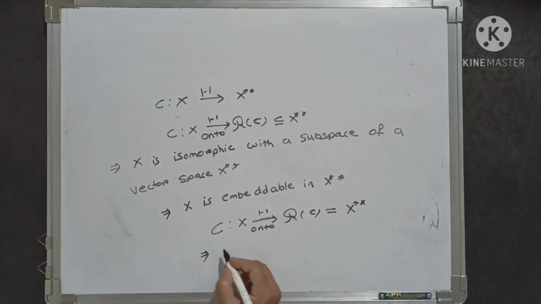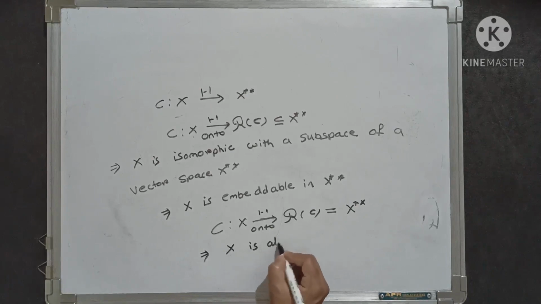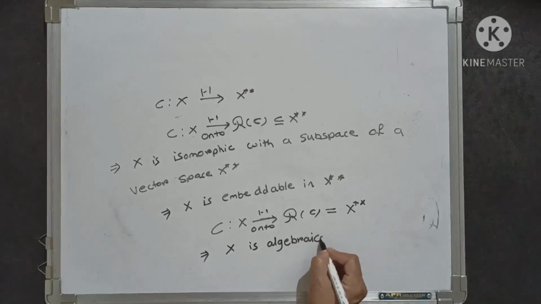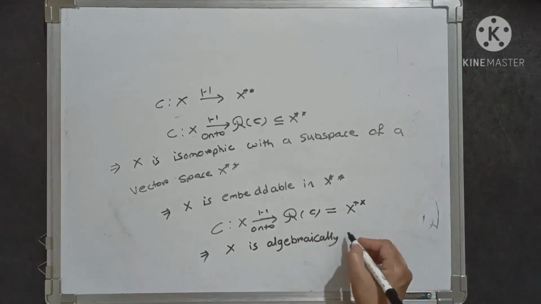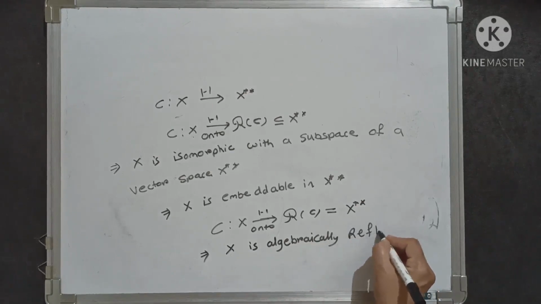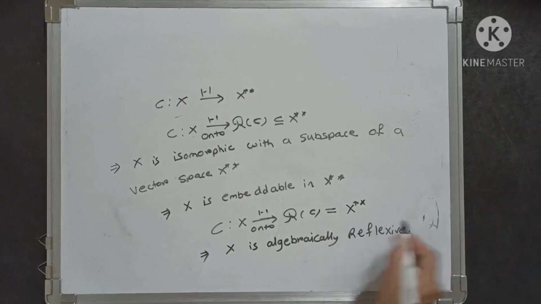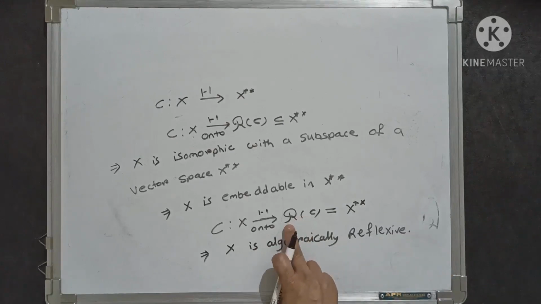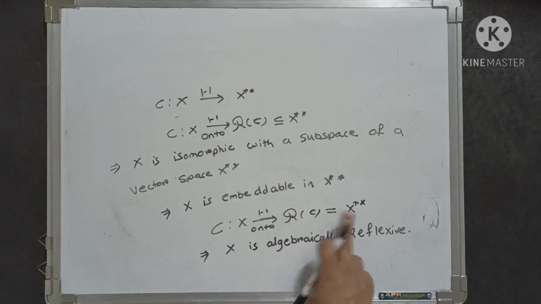This is when script R of C is equal to X double star.